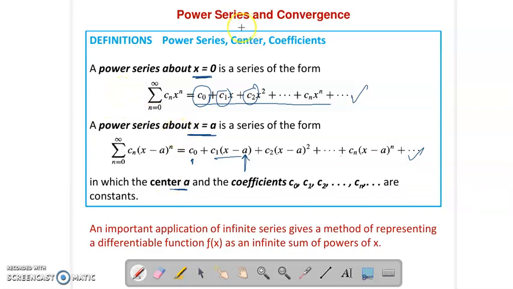We have defined a power series about center x equals 0, x equals a, and these Ci's are the coefficients. An important application of infinite series gives a method of representing a differentiable function as an infinite sum of powers of x. As we said, there is a class of functions which can be represented in the form of a power series. Those class of functions are differentiable functions that we will see in the next section.